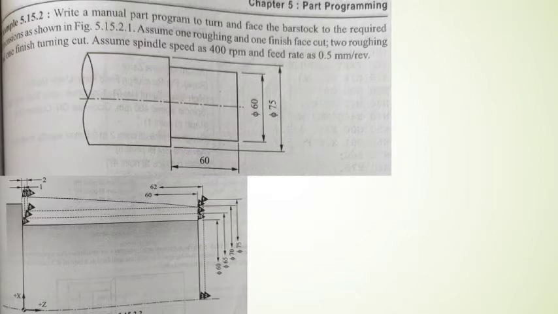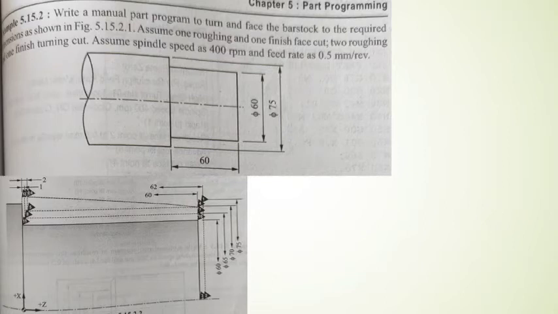After that, 7, 8, 9 is second roughing pass, which will be followed by finishing pass, that is indicated by 10, 11, 12. So 10, 11, 12 indicates finishing operation for turning. So this is the path profile that needs to be followed by tool to satisfy conditions given in the statement.